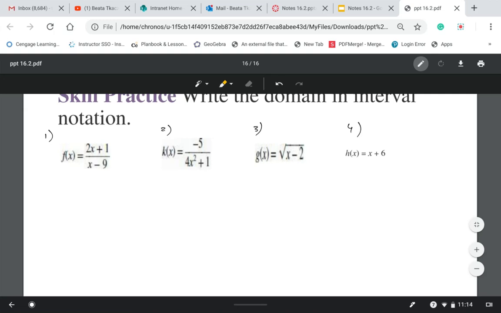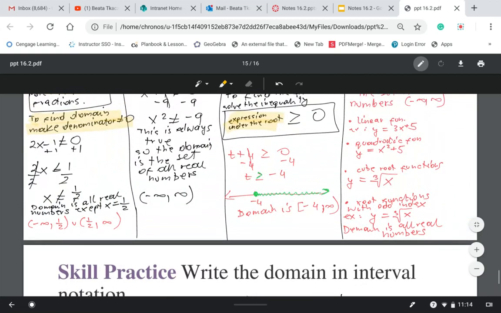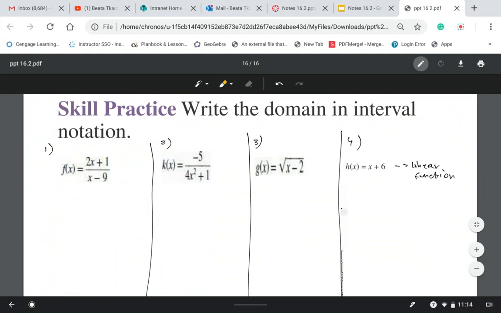Now, since you guys have notes, it should be a little easier to find it. I'm going to start with number 4 because look what happened. Number 4, we have a nice function, no fractions, no radicals. This is a linear function. And I gave you the information that when you have a linear function, the domain of functions like that is the set of all real numbers.